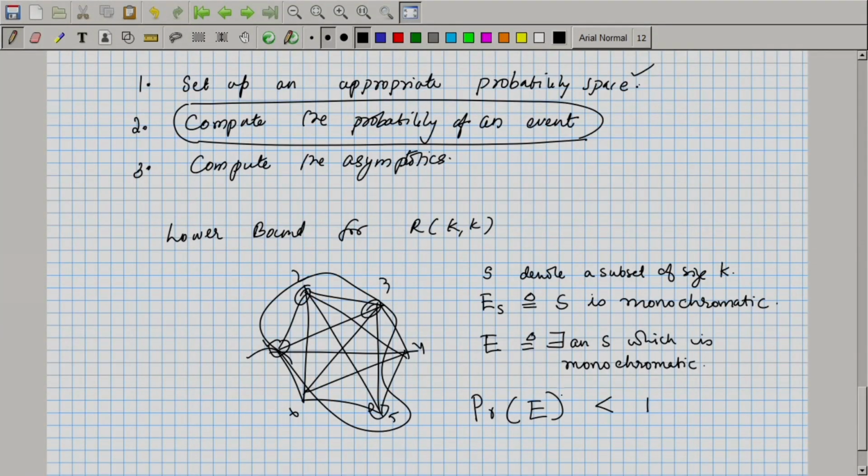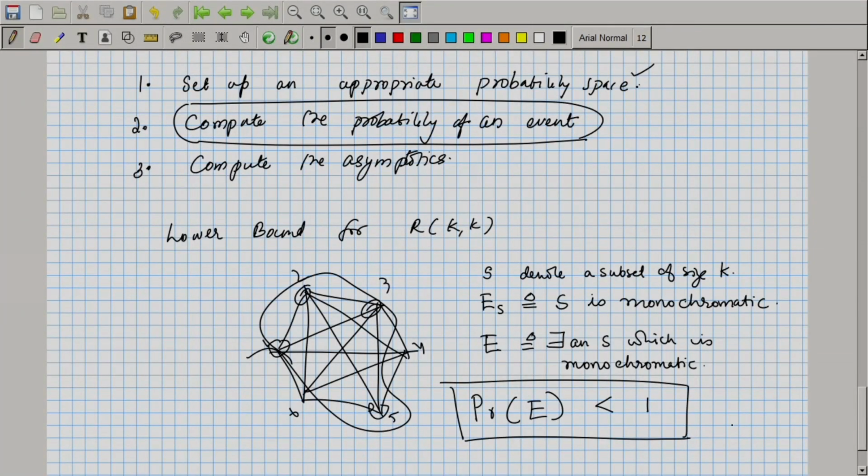So, if we can show that the probability of E is less than 1, then that would mean that n is a lower bound for R(k,k). In other words, a graph on n vertices can be colored avoiding monochromatic K_k cliques.